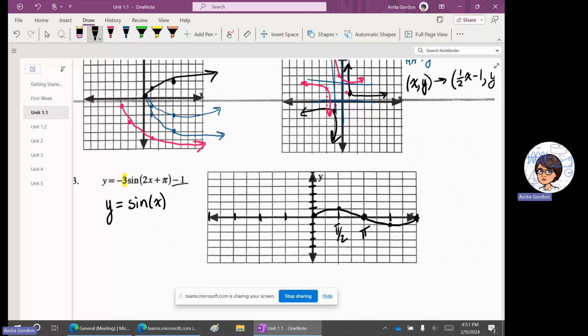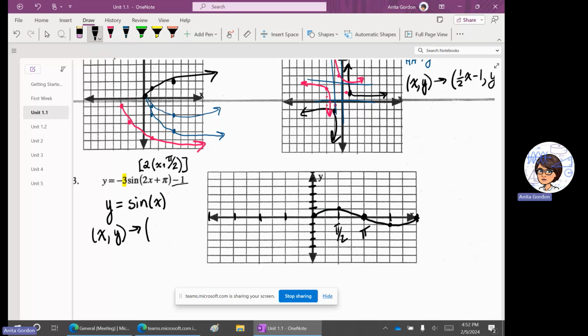Okay, what am I doing here? I'm taking my values, x, y, and how am I transforming them? I see a 2 next to the x. I don't like it the way that it is. I want the coefficient on x to be positive 1. So what I'm going to do here is I'm going to factor out the 2. That's going to be x plus pi by 2.